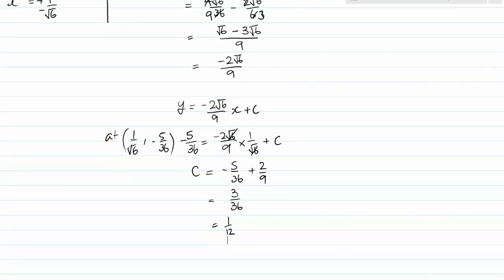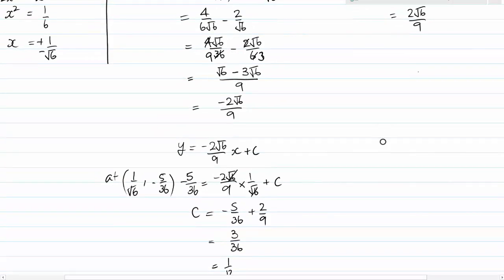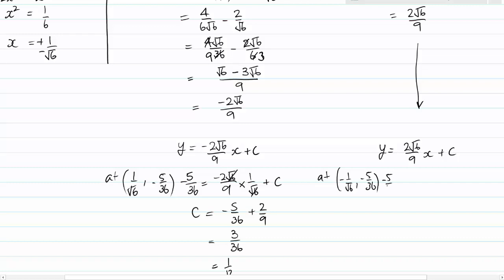And that's quite nice. Over here, same thing again, I get y is equal to 2 root 6 over 9 x plus c, and at the coordinate negative 1 over root 6, comma negative 5 over 36, I get negative 5 over 36 is equal to 2 root 6 over 9 times negative 1 on root 6 plus c. The root 6's cancel out.